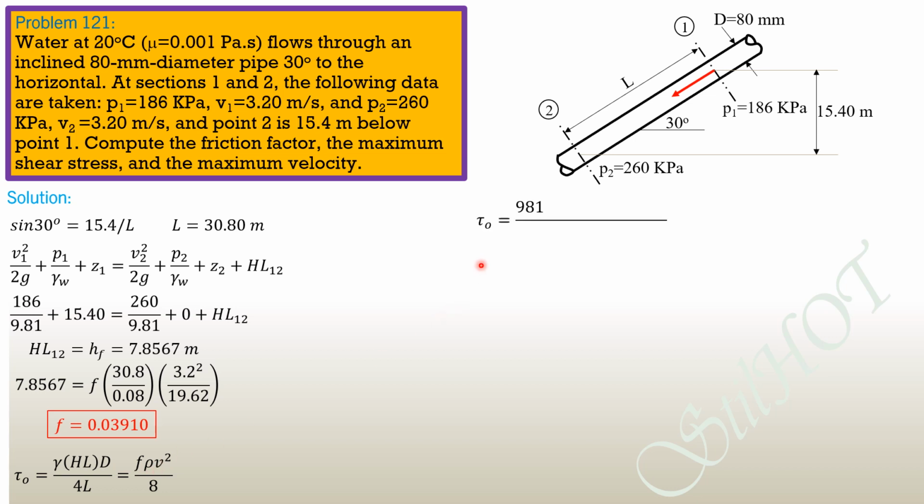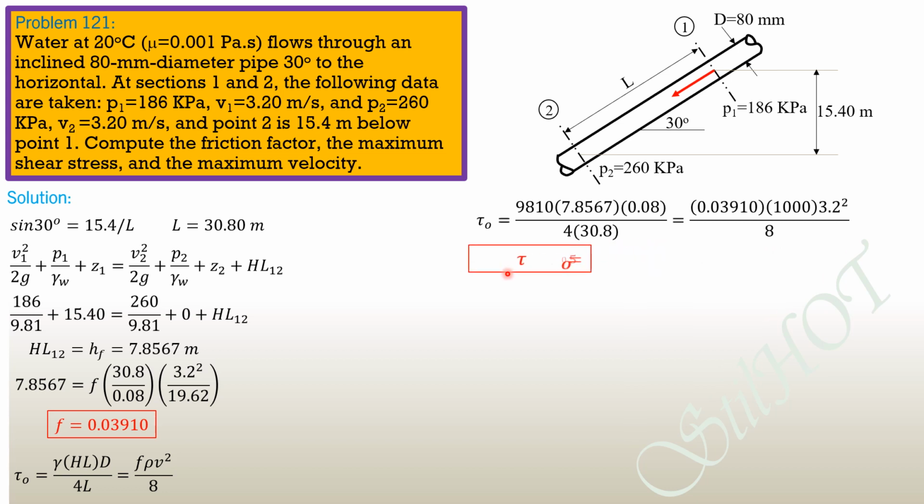So tau sub O is 9810 times 7.8567 times diameter 0.08 over 4 times length 30.8, or it is friction factor times density of water 1000 times velocity 3.2 square over 8. Both will give us the same value of maximum shear stress of 50.05 pascals.